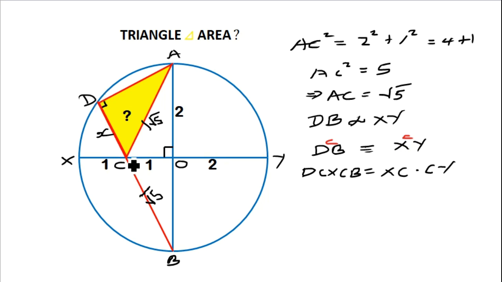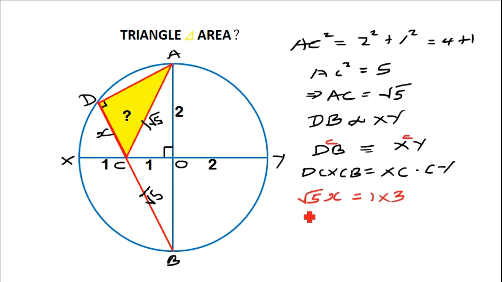So from D to C, let's say this is x, then from C to B is root 5. So x times root 5, that is root 5 x, is equal to XC. From X to C you can see it is 1, then times from C to Y. Now from C to Y is 1 plus 2, that is 1 times 3.